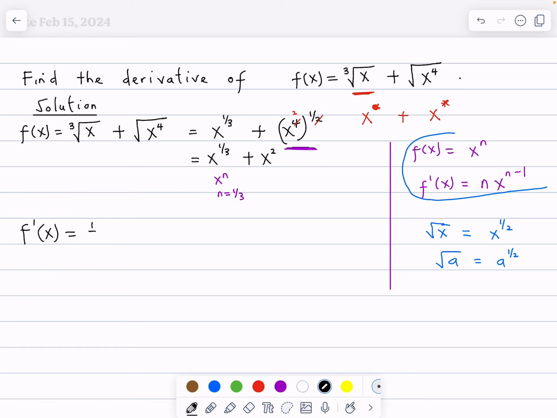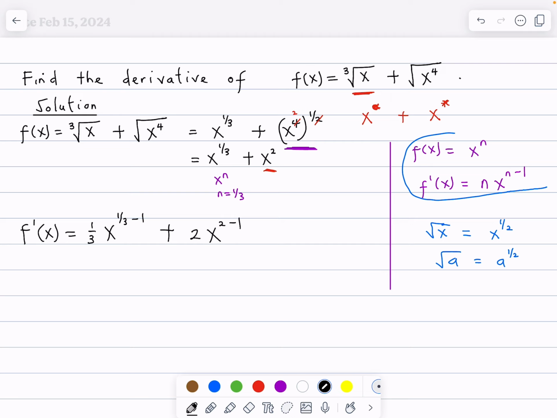Then I'm going to subtract 1 from the power, 1 over 3 minus 1, plus I'm going to apply the same thing to x squared, right? I'm going to bring down the power 2, then I have 2 minus 1.